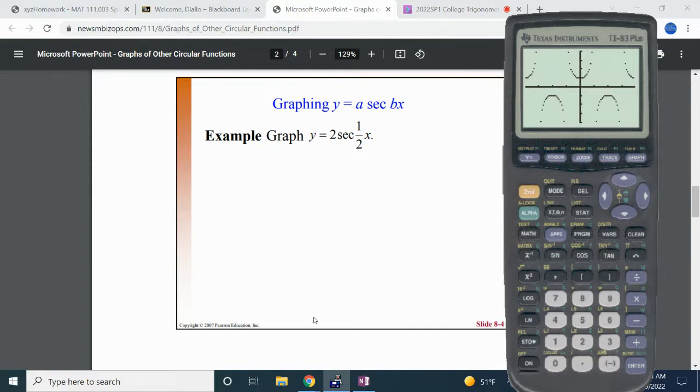We're going to graph on the calculator, and then we're going to match the calculator to the given answer choices. On the slides, we're just going through the process of how you enter these functions into the calculator.